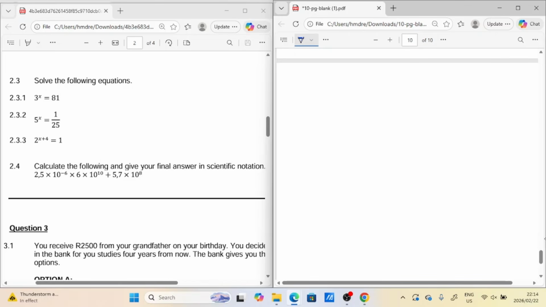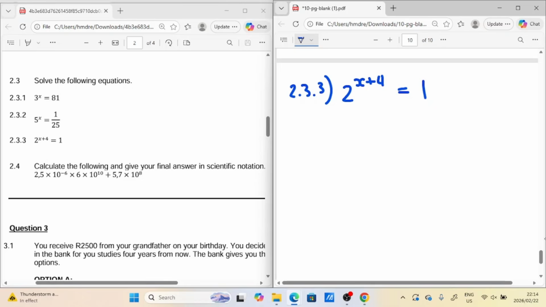2.3.3. 2 to the power of x plus 4 is equal to 1. Exactly the same thing. We're trying to get the bases the same. So in this case, we want both sides to have a base of 2. This one, what they want you to see is that we can use one of the exponent laws.